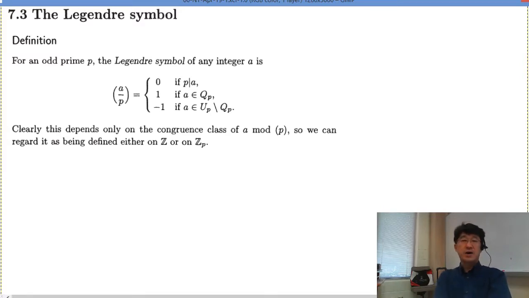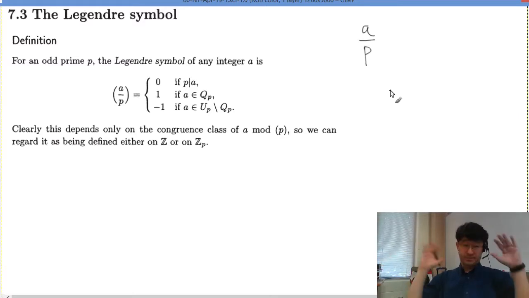Definition. For an odd prime p, the Legendre symbol for any integer A is denoted like this: A over P with parentheses around. It doesn't mean A divided by P, it's just a symbol.